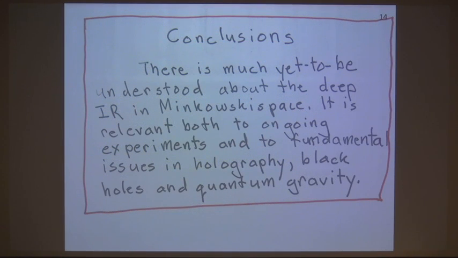And so the conclusion is that we spend a lot of time talking about the UV, but there's a lot that we don't understand about the IR, especially in Minkowski space. And the things that we don't understand are relevant not only to ongoing experiments, but to fundamental issues in holography, black hole physics, and quantum gravity. Let me stop there.